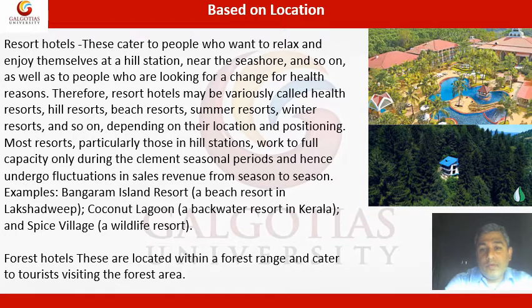However, during the monsoon time, people prefer to avoid going to the hilly areas, quite naturally because the weather is not favorable, and as such the occupancy percentage is very less.